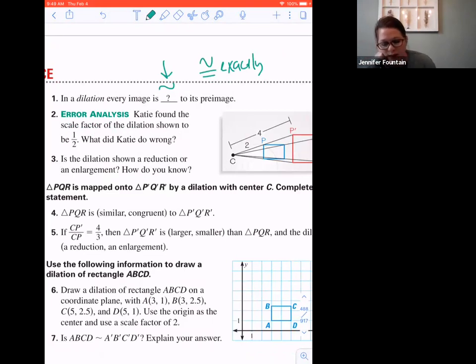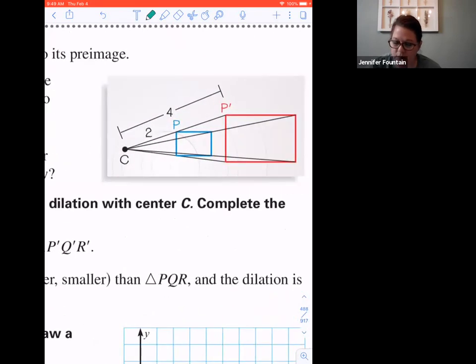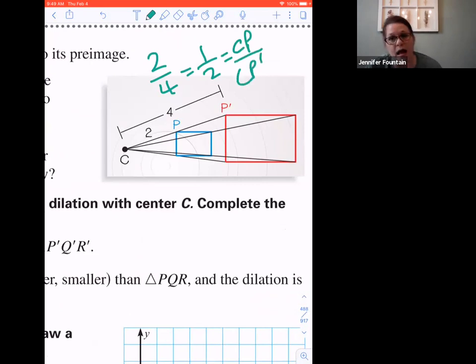Number 2, error analysis. Katie found that the scale factor of the dilation shown to be 1/2. What did Katie do wrong? Okay, so if she said it was 1/2, then that means she did 2 over 4. That gave it 1/2. But notice that would be CP over CP prime.